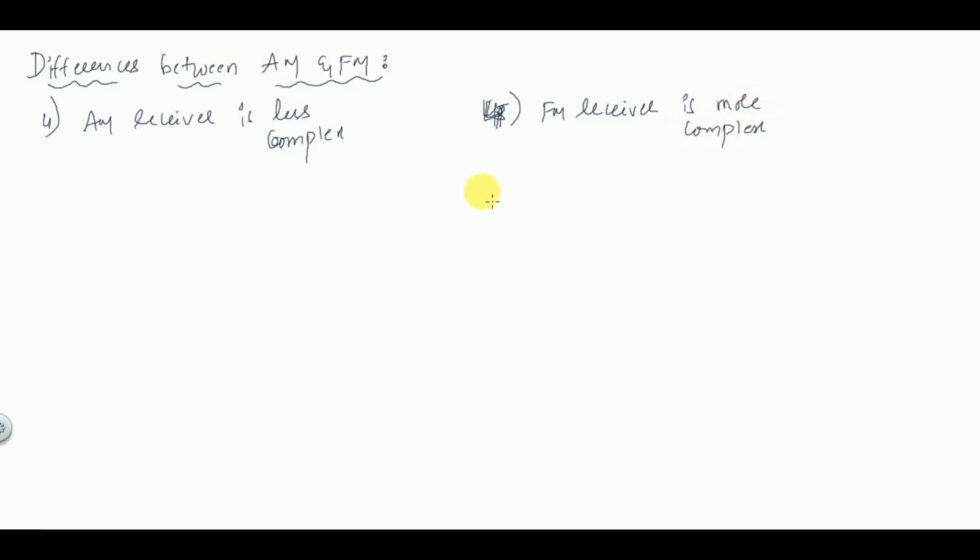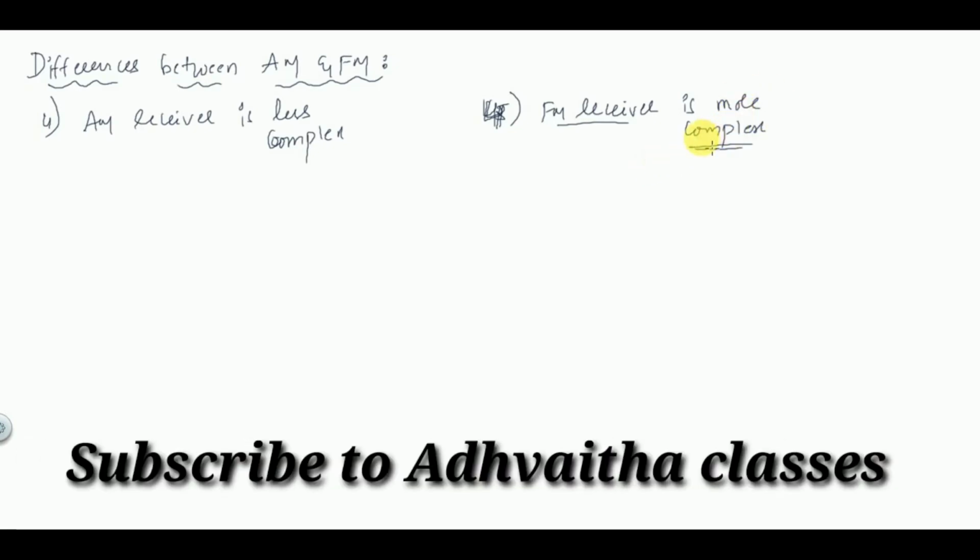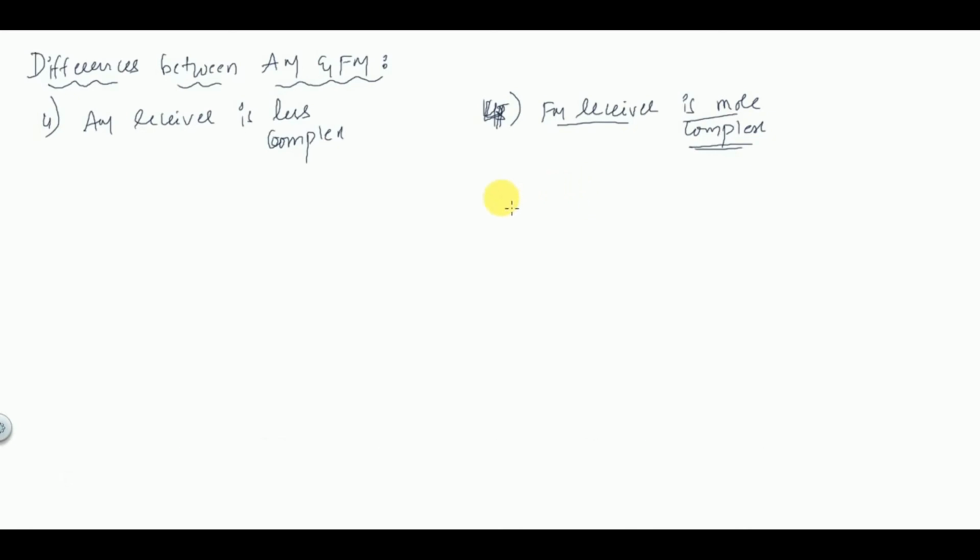Okay, so in the upcoming videos we'll learn about this difference. I'll explain different types of AM receivers and FM receiver, and then we can compare that FM receiver is more complex, that is it requires more functionalities to be satisfied. So more components are required in the case of FM when compared to AM.